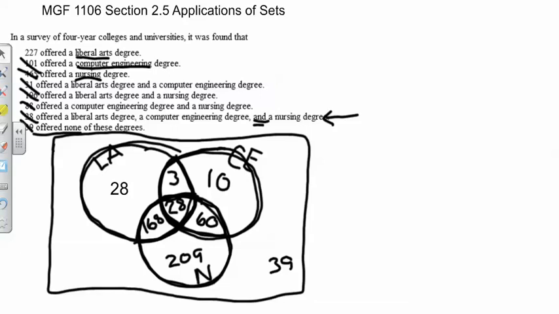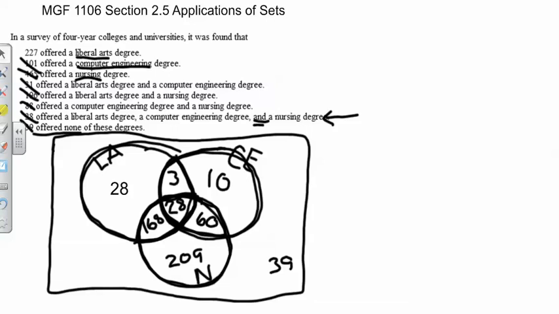So for example, let's say the question said, how many colleges were in the survey? To figure that out, we would add up all those values in regions 1 through 8, and that would give us how many colleges were in the survey. So you would add up those 8 numbers to get that answer.